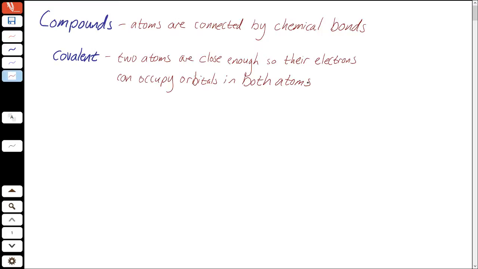Now here's where I'm going to actually deviate from the book a little bit. I think the book's got it a little bit wrong. There are actually two types of covalently bound compounds. There are molecules, and the book kind of conflates this and says that all covalent compounds are molecules, and that's not true.